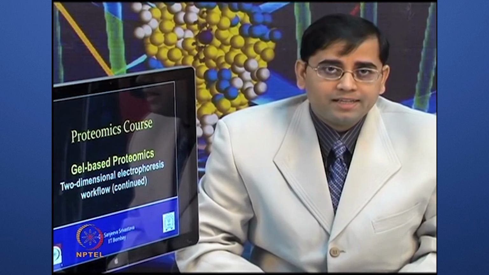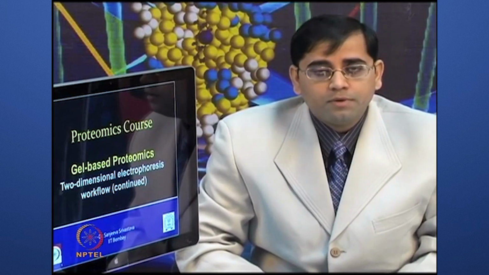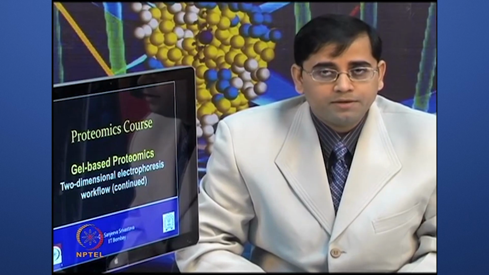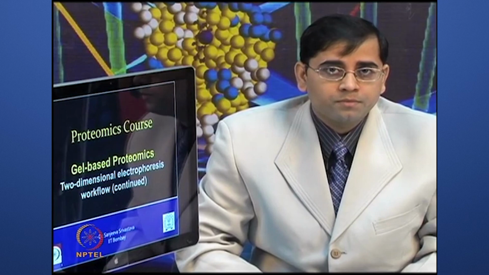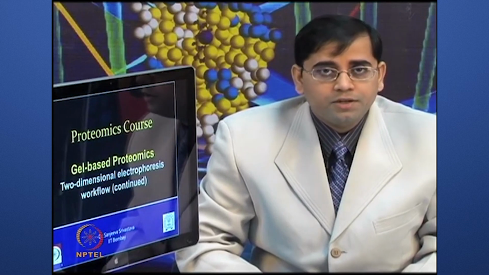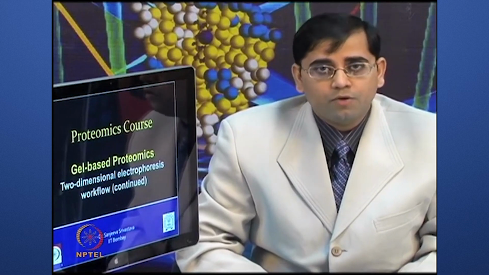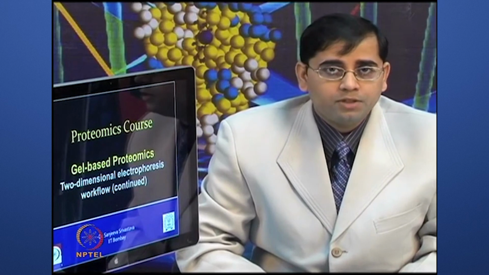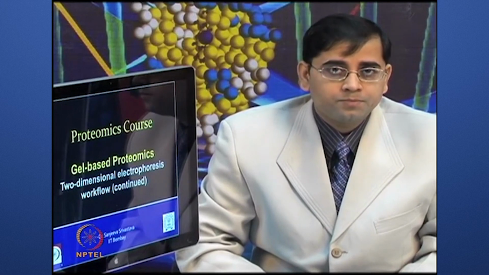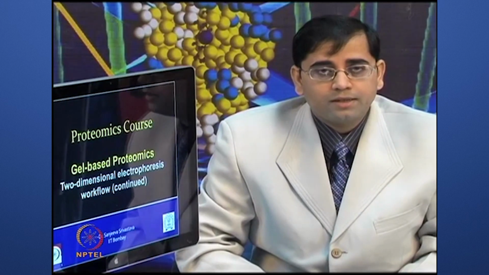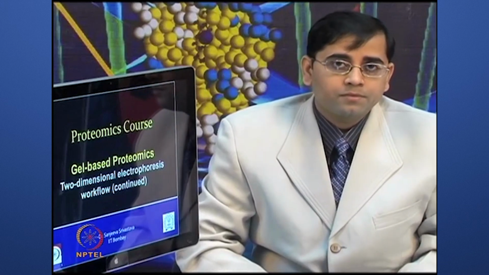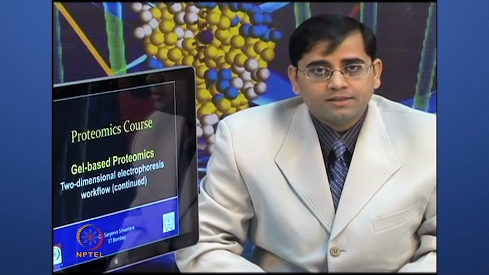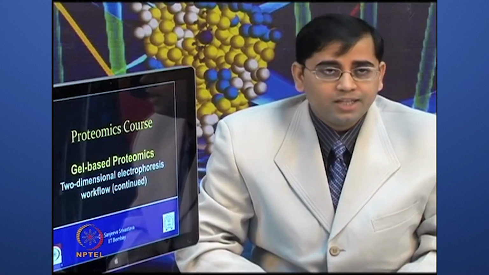In the last lecture, I described that to perform a two-dimensional electrophoresis experiment, you need to follow a workflow, and I gave you the different steps involved. The first step was isoelectric focusing, which means you focus the proteins based on their isoelectric point.